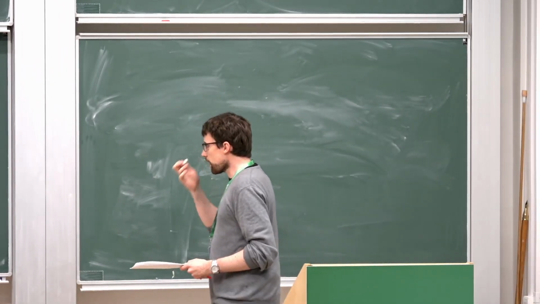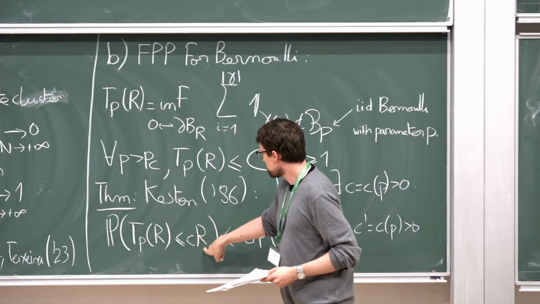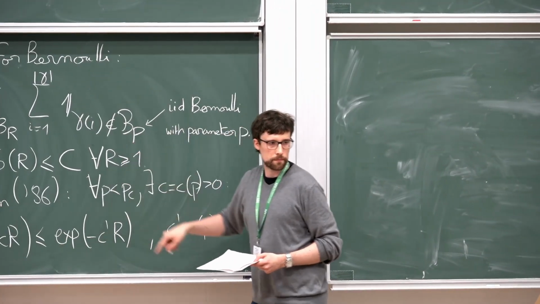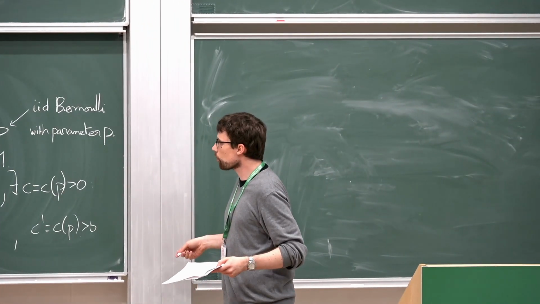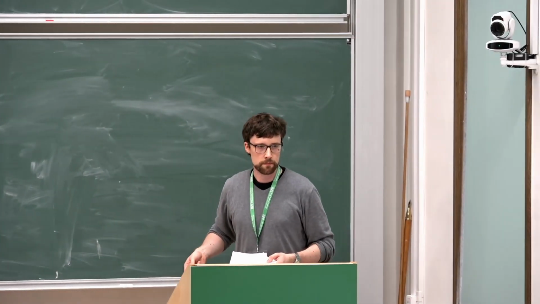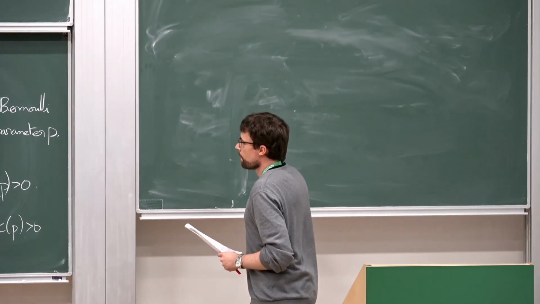So this means with exponentially high probability, I will need to cross my complement of BP R times. Because my clusters of BP are very small, I need to exit them very often, and actually linearly many times, to go from 0 to R.